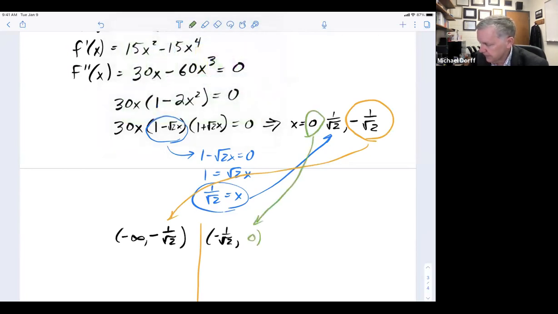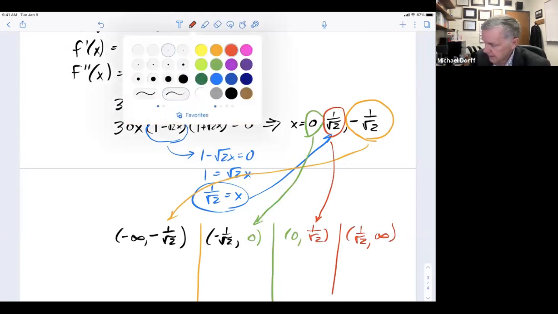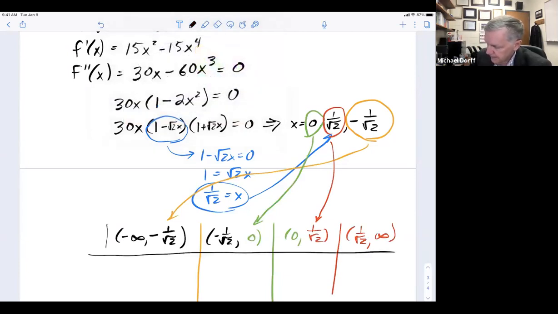And then I'm going to go 0 to my next smallest number, which is 1 over square root of 2. And then I have no more numbers, and so I'll go off to infinity there. And so this becomes my table. And these are my x values going across.